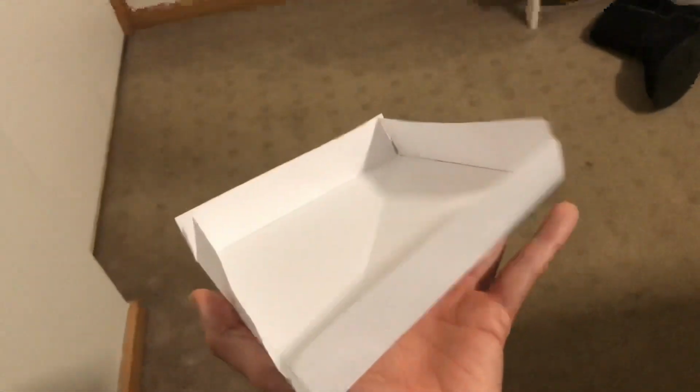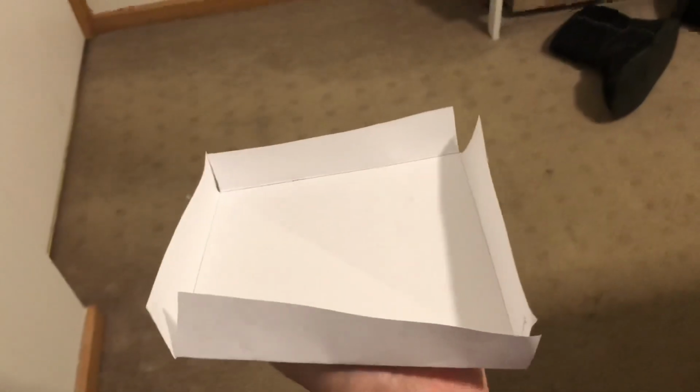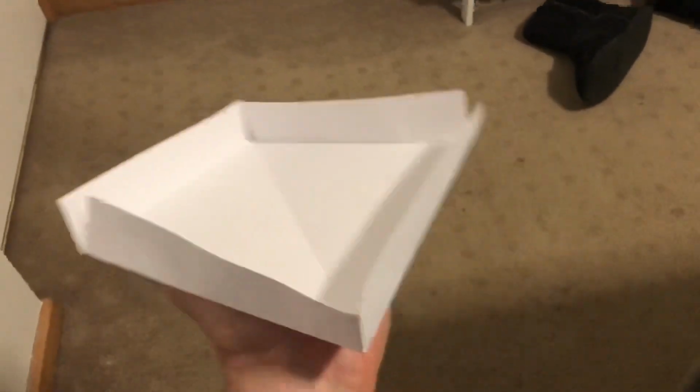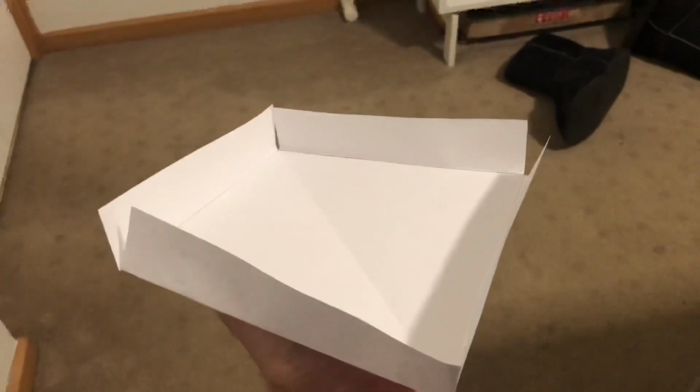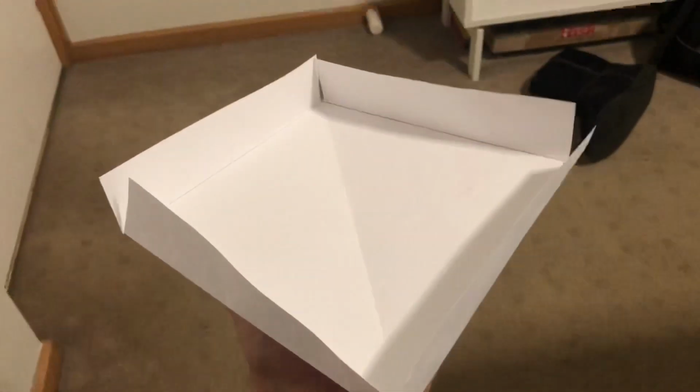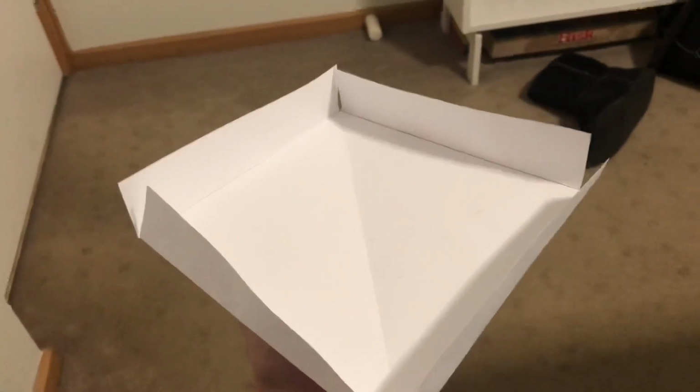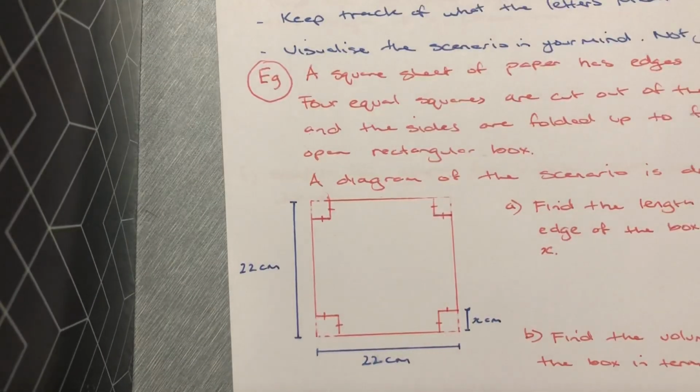Alright, so I've folded that piece of paper up and you'll see that this is what the box might look like. Now it looks slightly dodgy, I can't hold it nice and straight with just one hand. But that's what our box might look like when our length of x is 3 centimeters. Now, we've used 3 as an example, except x could be anything.